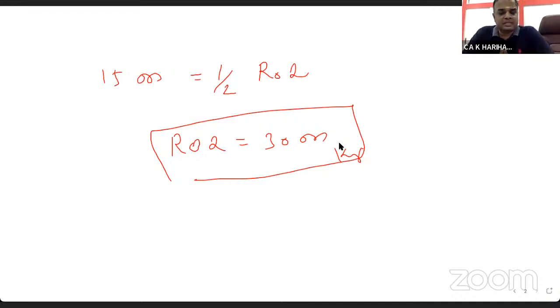Next question. Minimum level 10,000. Average lead time 5 weeks. Raw material usage 1,000 to 4,000 kgs.